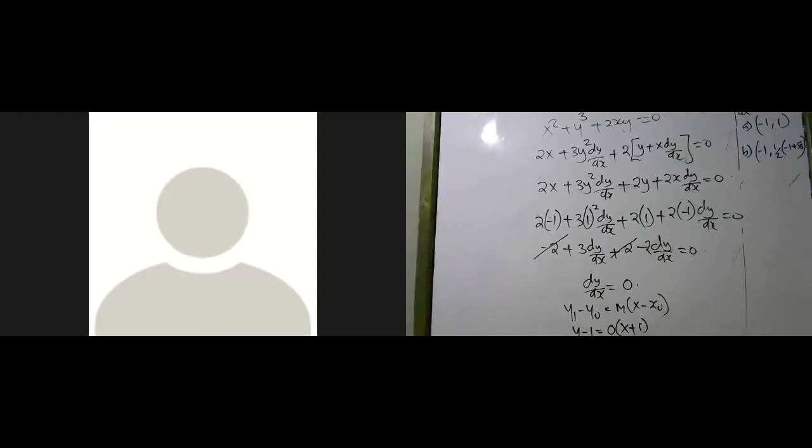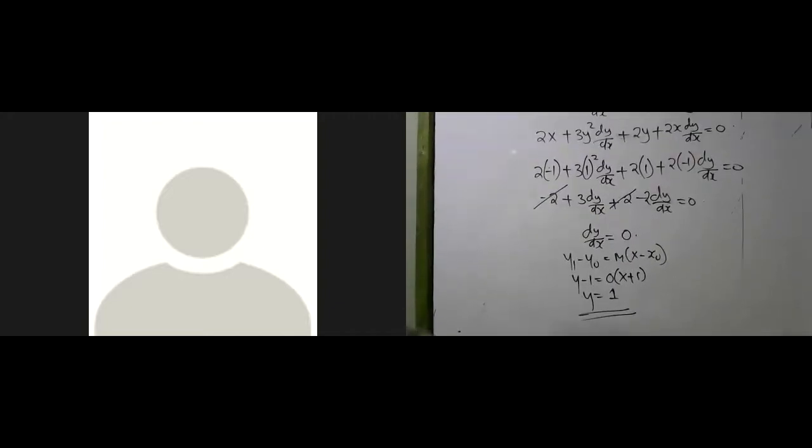So we have y minus 1 is equal to the gradient, which is 0, times x minus, becomes positive 1 there. So you have y is equal to 1. This is the equation of the tangent at that point.